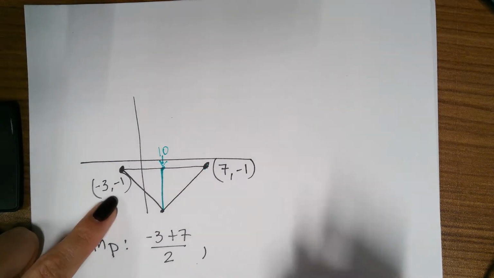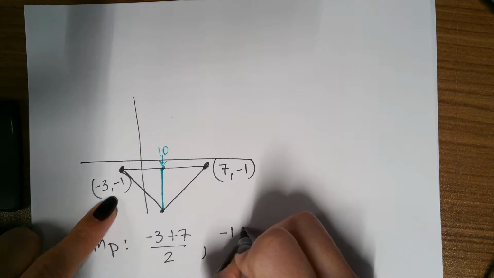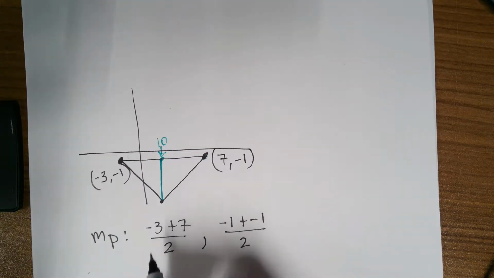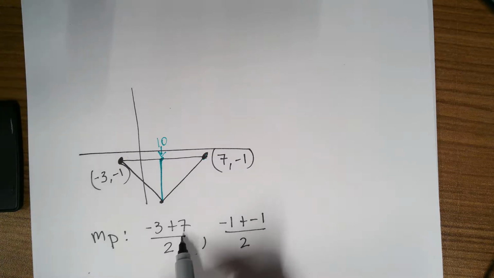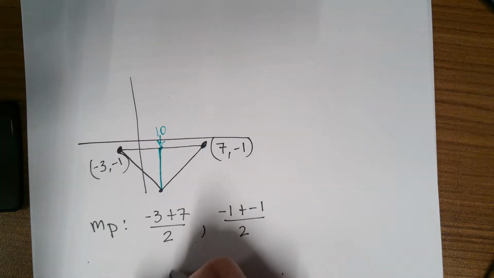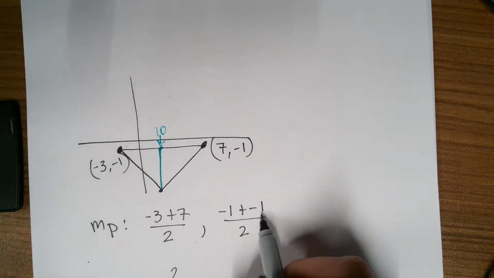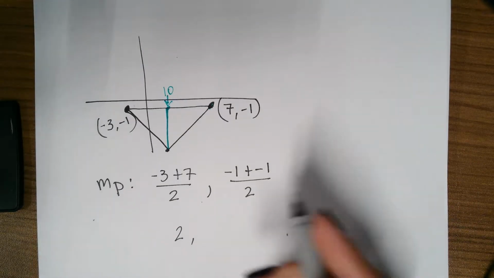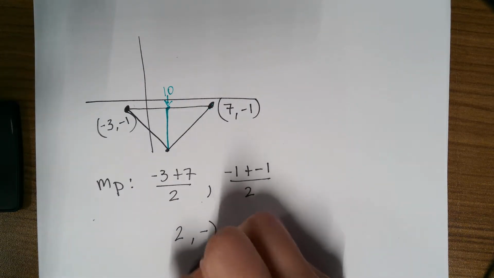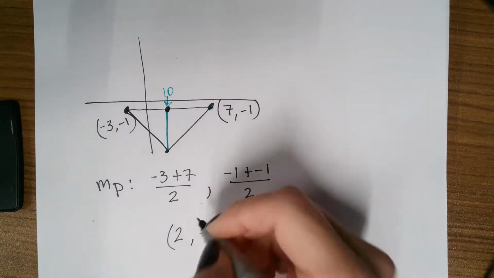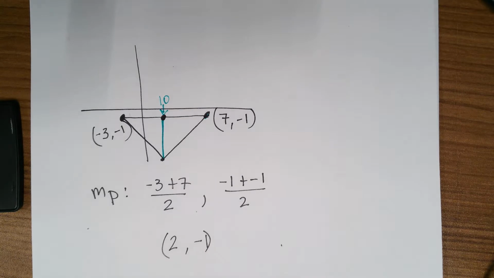And the average of my y values, so -1 plus -1 divided by 2. And we're just going to simplify that. -3 plus 7 is 4, and 4 divided by 2 is 2. -1 plus -1 is -2, and -2 divided by 2 is -1. So I know this point right here is 2, -1.